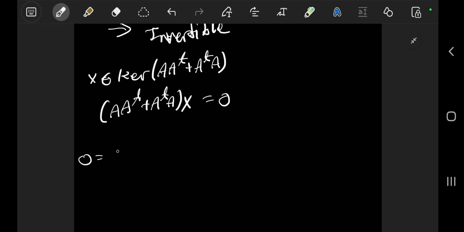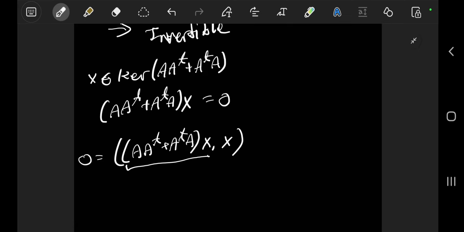Okay, so 0 is equal to the inner product with x. Because this is the zero vector, an inner product with the zero vector is always 0. We want to show that x must be 0.